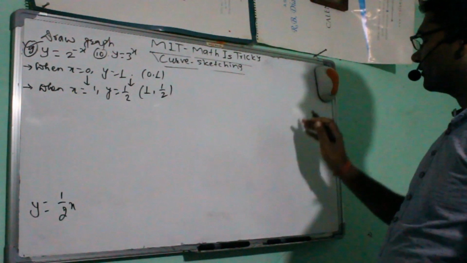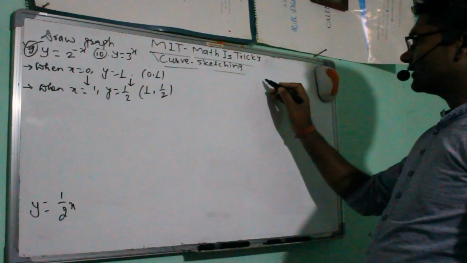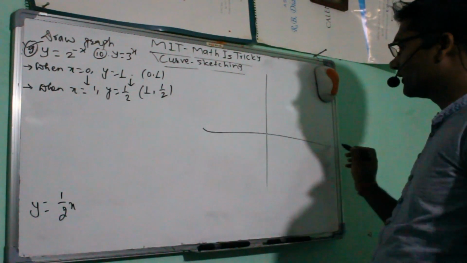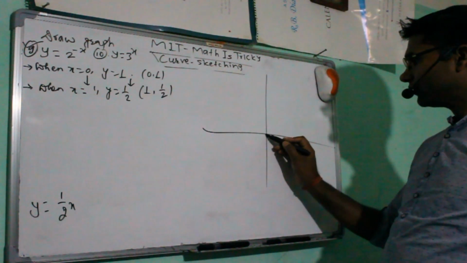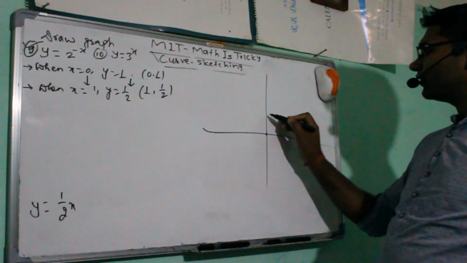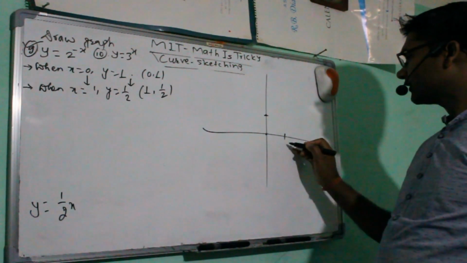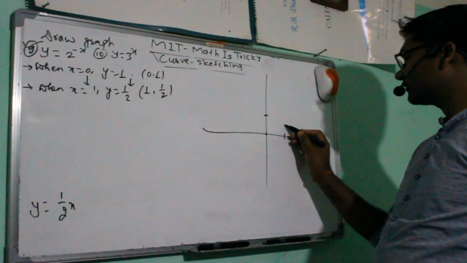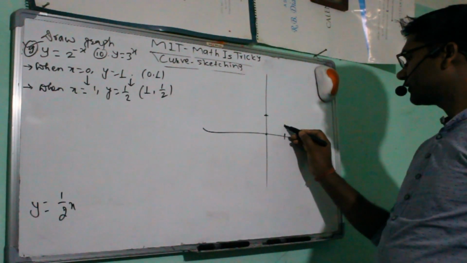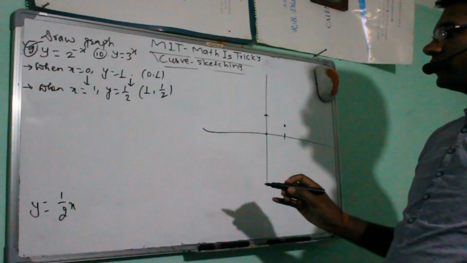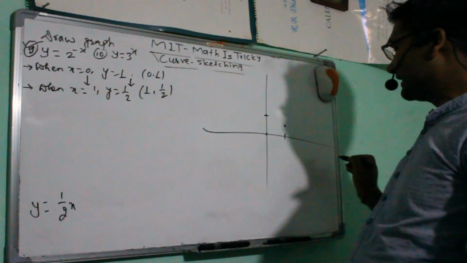So let's see what graph we're getting here. (0, 1), isn't it? Then (1, 1/2) is here. Isn't it? When x is 1, y is 1/2, and now it is going on decreasing.